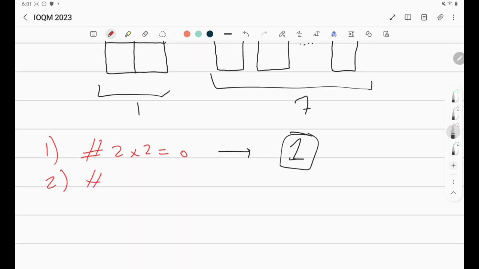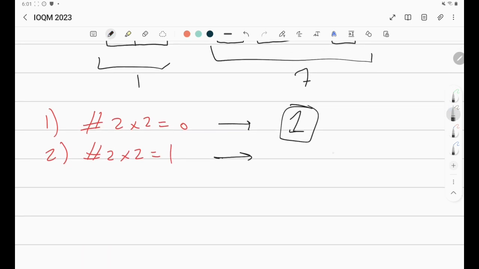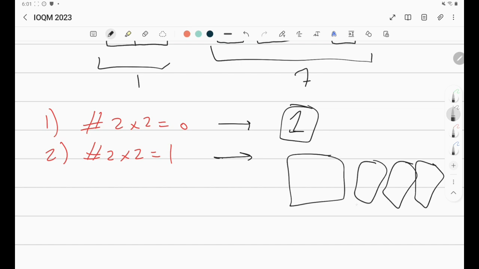The other case, if the number is 1, then that means you're going to have something like this, and the others are just like that. So you're gonna have 5 of them, and a single one of this. So as you can see, just first of all to fix the shape, how many locations you can do. Either you're going to put it leftmost, or here, or here, or here.